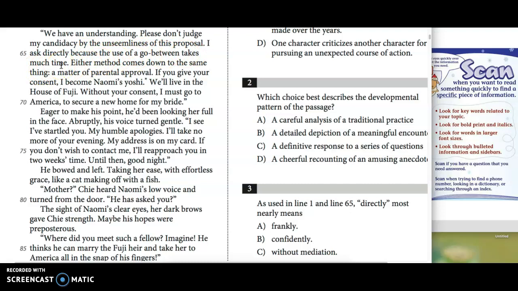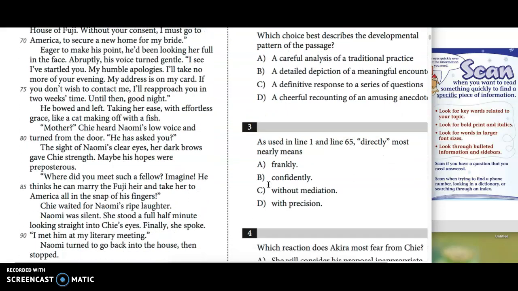So obviously you've probably already read this, but scanning to go back and find it, you already know what the text is about. So now we're going to use context clues, what we already know from the text, to quickly answer this. "I ask directly because the use of a go-between," okay? Is it frankly?